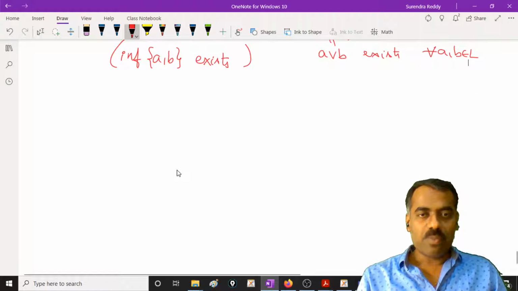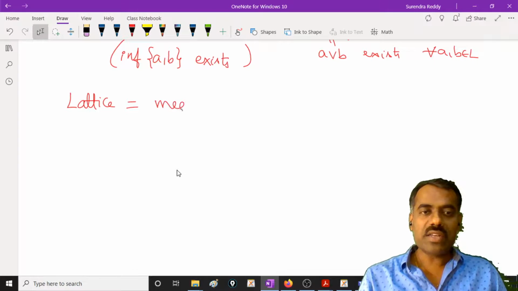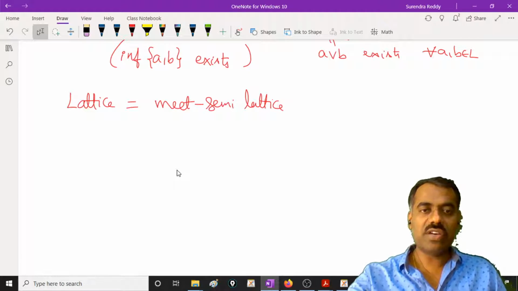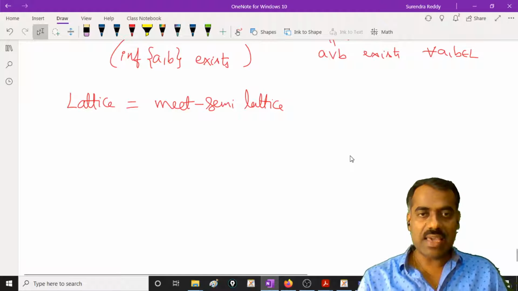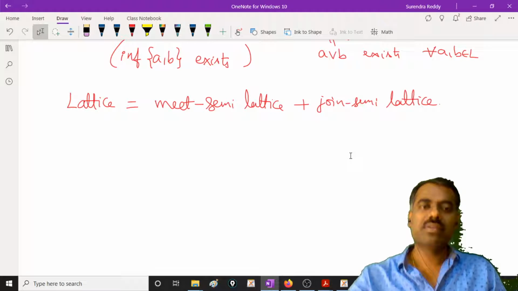Now, I can write lattice as meet semi-lattice plus joint semi-lattice. So if your poset is a meet semi-lattice as well as joint semi-lattice, then you can call it a lattice.